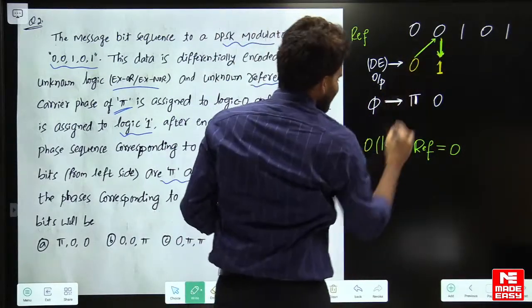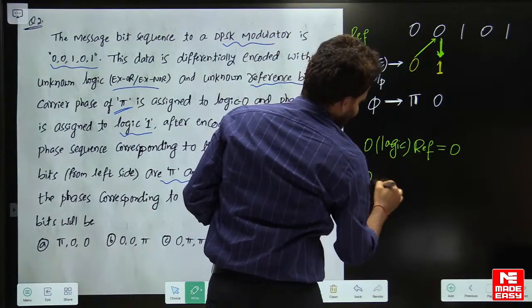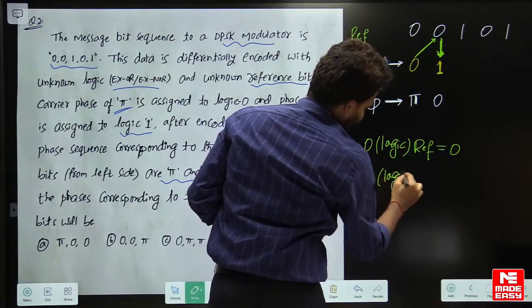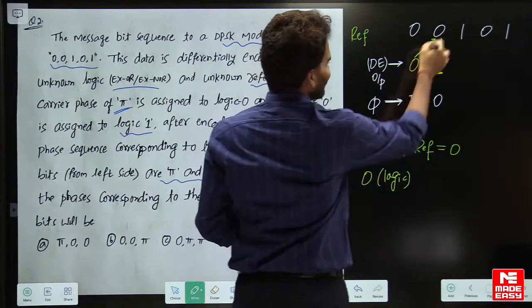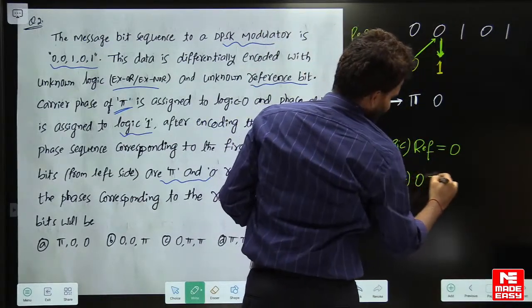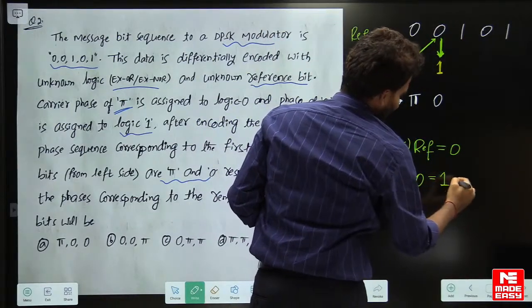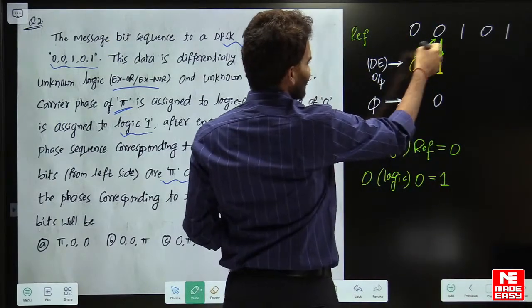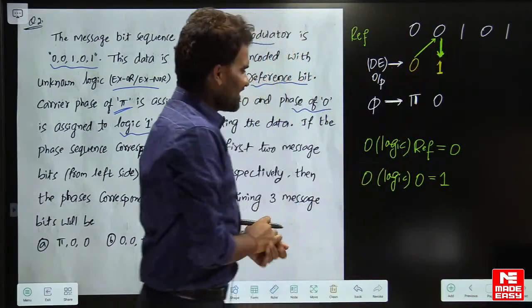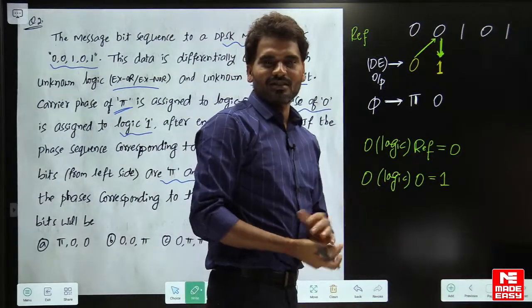So here 0 with 0 gives 1. Now from this you will come to know which logic is used.